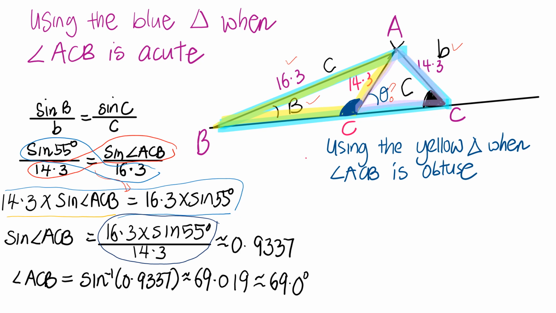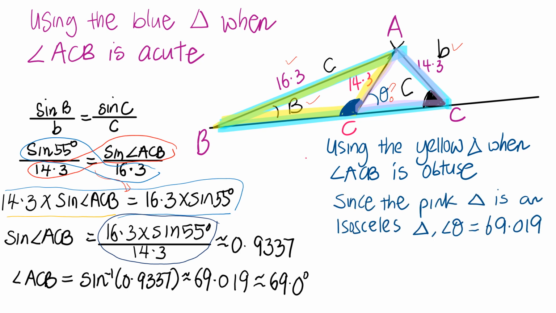All right, why do you think I highlight the pink colored triangle? Because you will see that AC, this triangle here, is actually an isosceles triangle, because we have AC as the radius of the circle, remember from the earlier diagram.